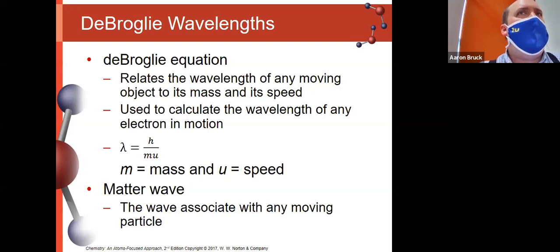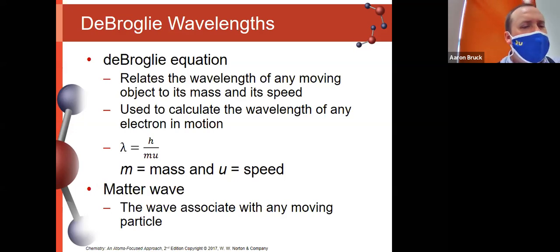All matter exists in particle form, which is what we familiarize ourselves as. Takes up space, has mass. But also as waves as well. Any object in motion does emit a characteristic wavelength. The question is, what is that wavelength?